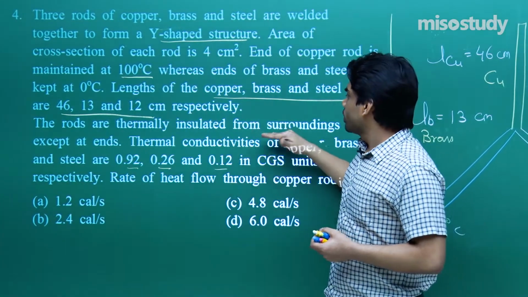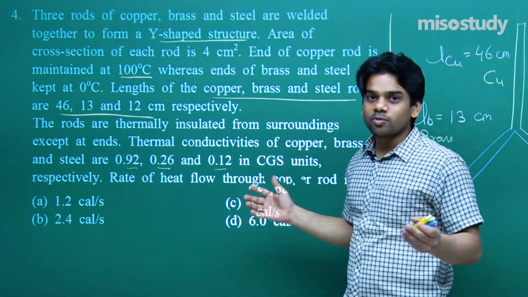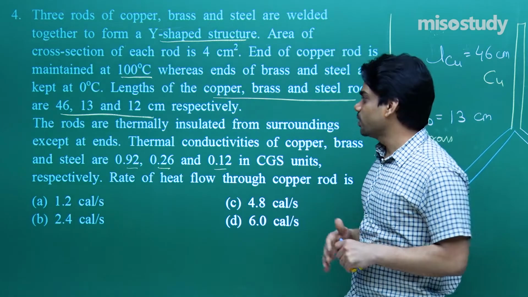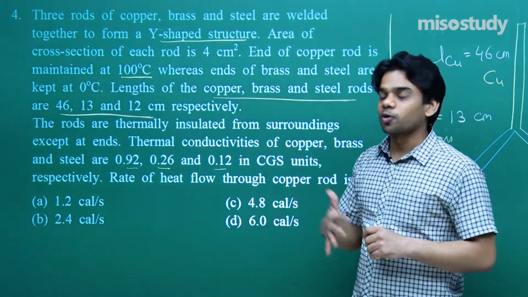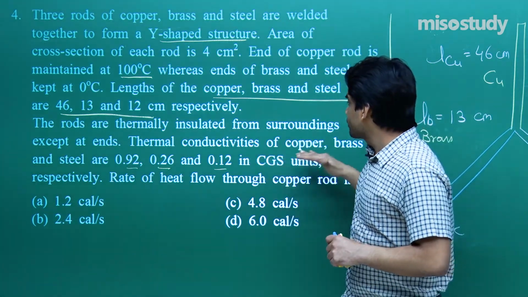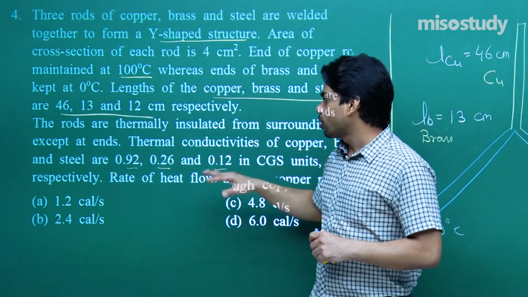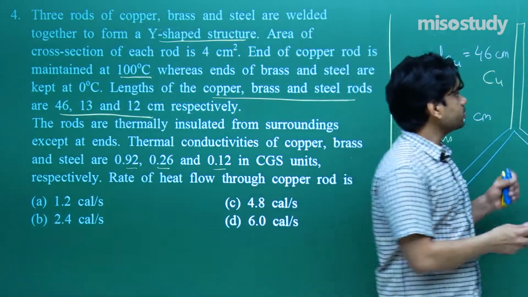The rods are thermally insulated from surroundings, so there is no heat actually transferred either from surrounding to the rod or rod to the surrounding. Thermal conductivity of copper, brass and steel are 0.92, 0.26, 0.12.